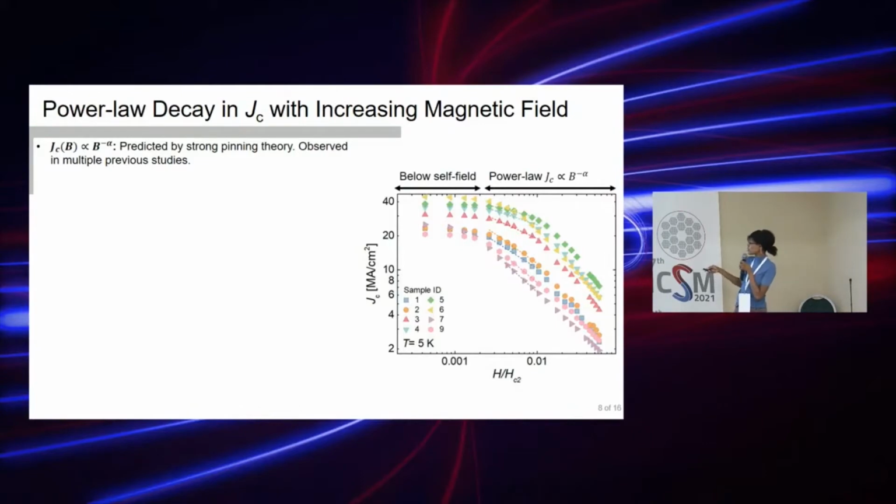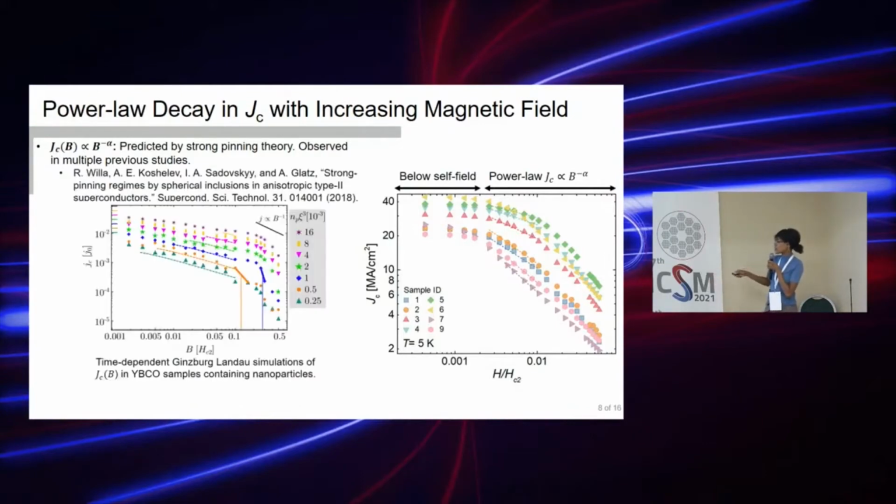So before I show you those results, I wanted to quickly show you a plot extracted from this simulation paper that shows the results of simulations for JC versus magnetic field, and each of the curves are for different nanoparticle densities. They too expect this power law relationship between JC and the magnetic field, and they go a step further to make predictions for how alpha should change with nanoparticle density at low fields and at high fields.